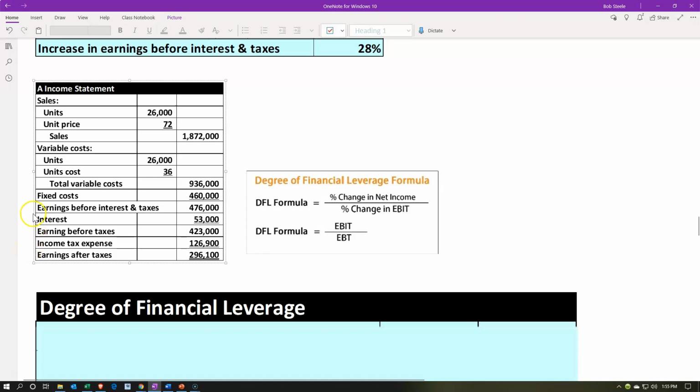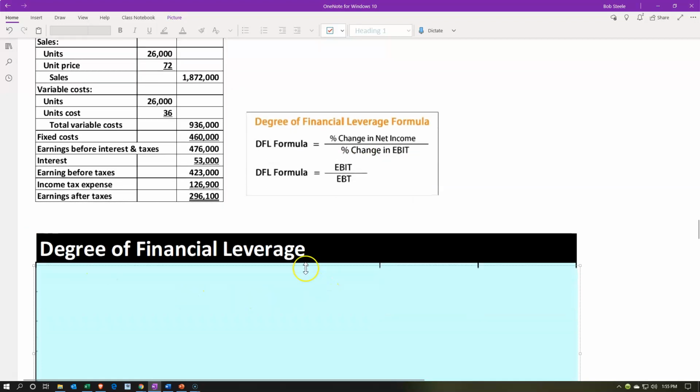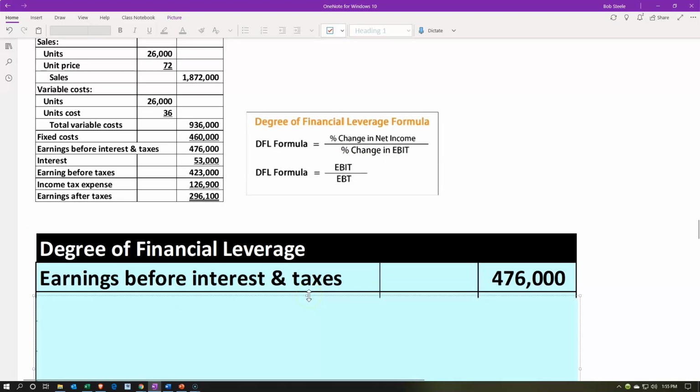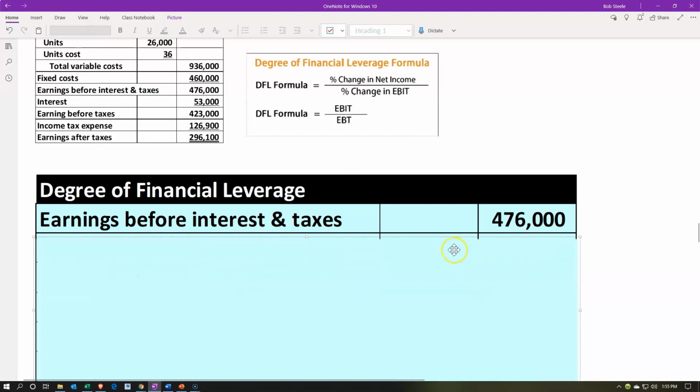This bottom half of our income statement would be similar for a normal income statement as the one here, which is basically a contribution margin type of income statement. So fairly straightforward type of calculation. We're going to do our same thing over here where we will have, at the end of the day, the numerator and denominator in the farthest right column, and put this together as like a tax type of worksheet, but it should be fairly straightforward. We're going to start off with the earnings before interest and taxes.